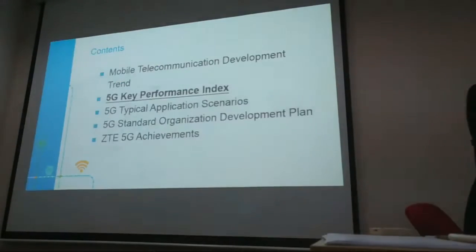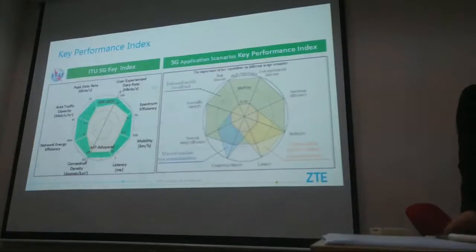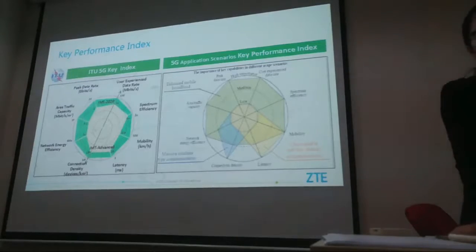Because we have different services, we need to define different KPIs. In 4G we have some KPIs, for example which speed it can support, the coverage, the bandwidth and the throughput.